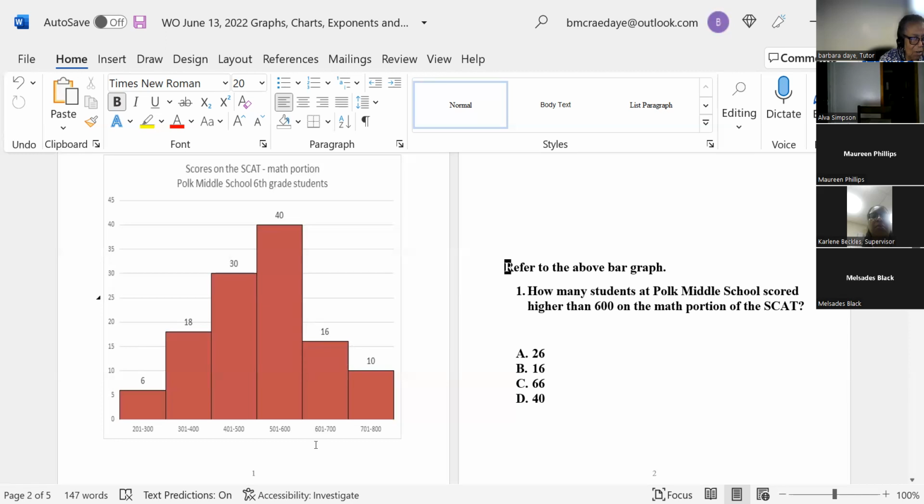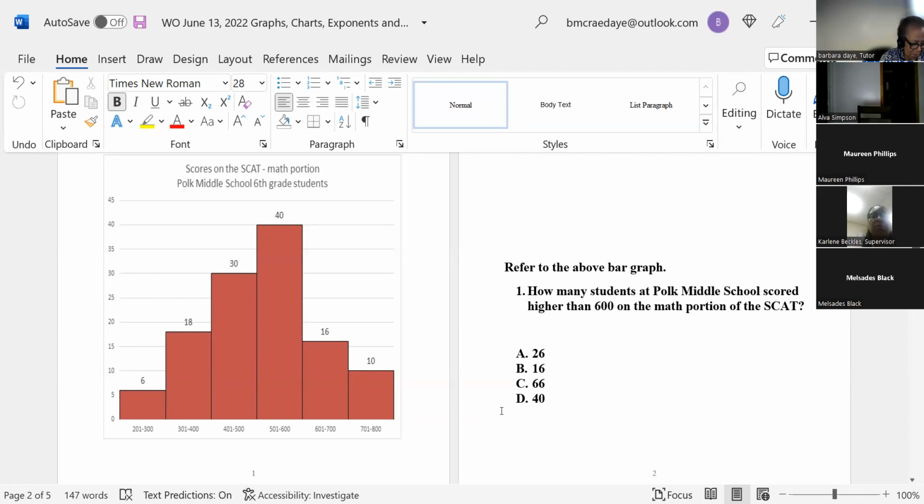Any other bar greater than 600? Look at your ranges. The range is 601 to 700. How many people scored there? 16. Right. And another number higher than 600 was 701 to 800. How many people scored there? 10. What's the sum of those two numbers? That's 26.